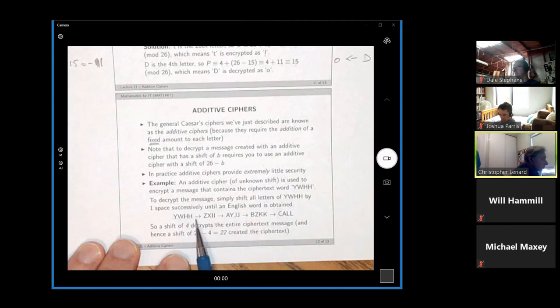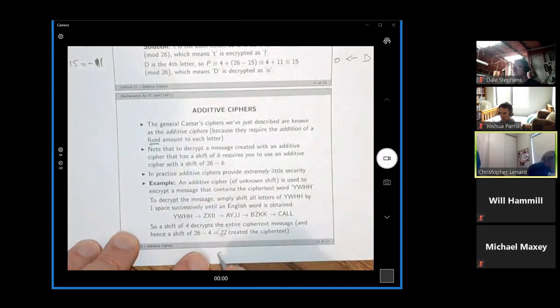So if we shift them all by 1 or by 2 or by 3 or by 4, we end up with what is possibly the plain text. So we've got a pretty clear idea that 22 is the shift.